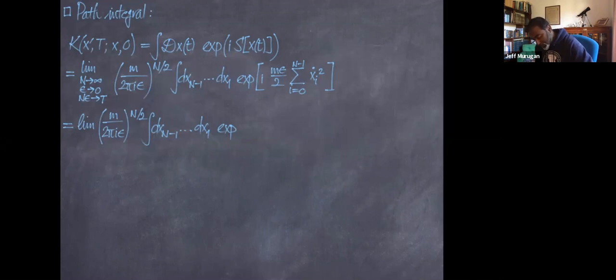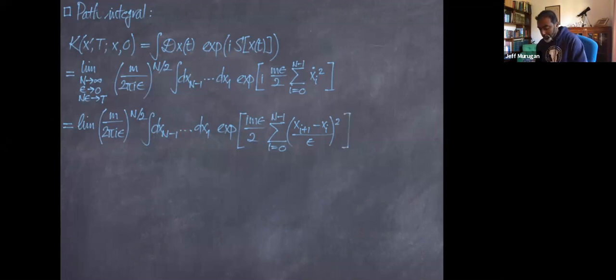So that's exponential of i m epsilon over 2 sum over i equals 0 through to n minus 1 of (x_{i+1} minus x_i) over epsilon, and this is what I'm squaring. So this is what I meant by x dot in my definition previously.